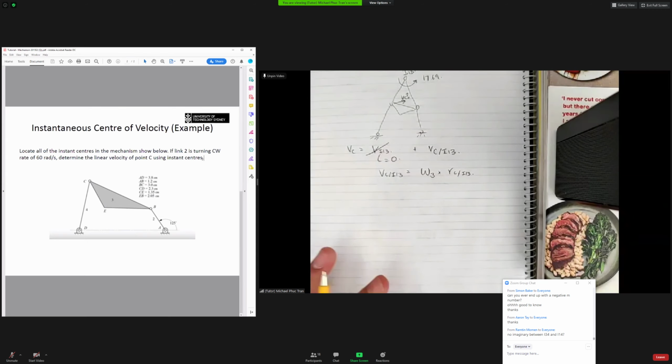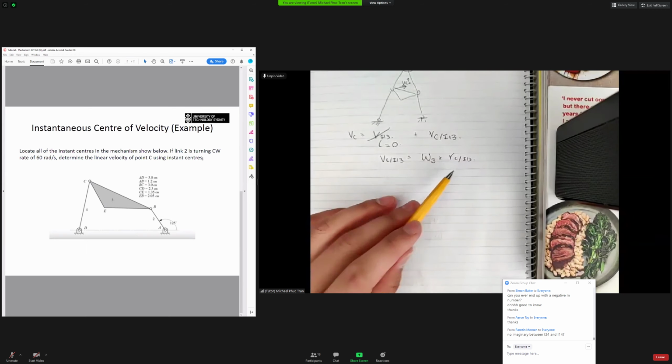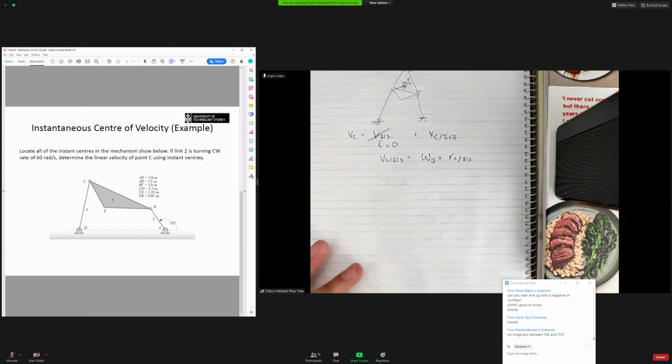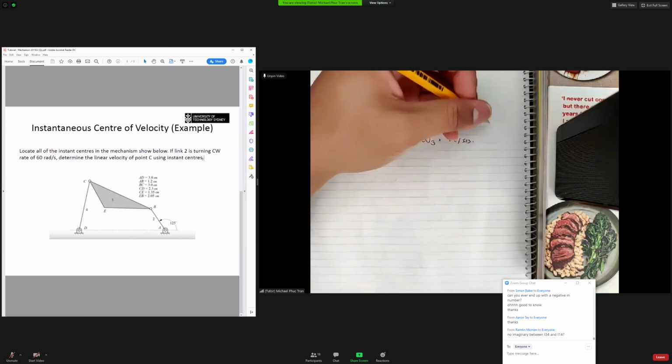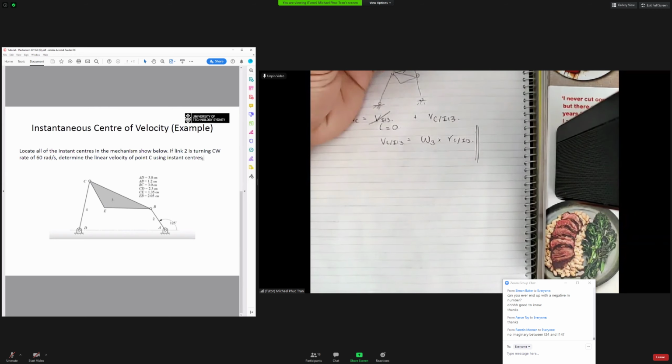And same with the previous calc, that should be measured using a ruler or to scale or SolidWorks. But for this example, I've got to give it to you.